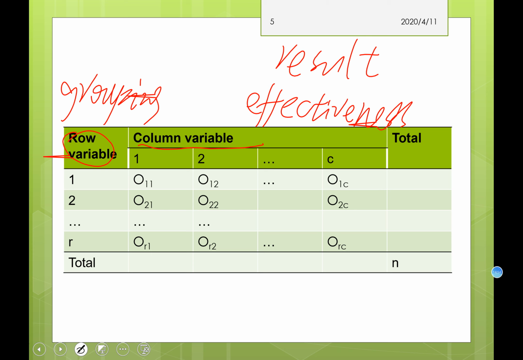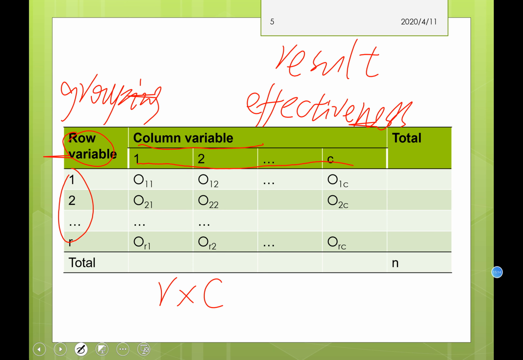So we can find that there will be C levels under the column variable. And here there will be R levels, R groups, in the grouping variable. So we call it an R times C contingency table.